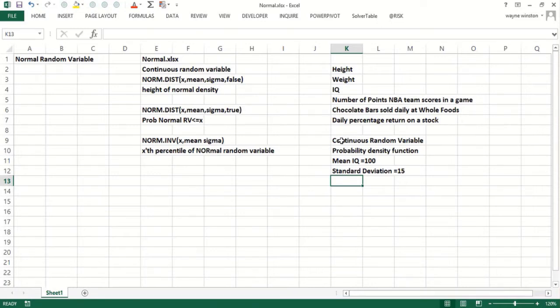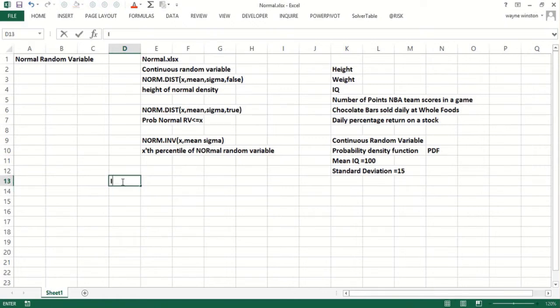Now, there's a function in Excel to help you draw the probability density function, or PDF, for a normal random variable. It's NORM.DIST. You put in the value of, let's say, IQs. We could go 50 to 150. And then the mean is 100, sigma is 15, and you put the word false in.